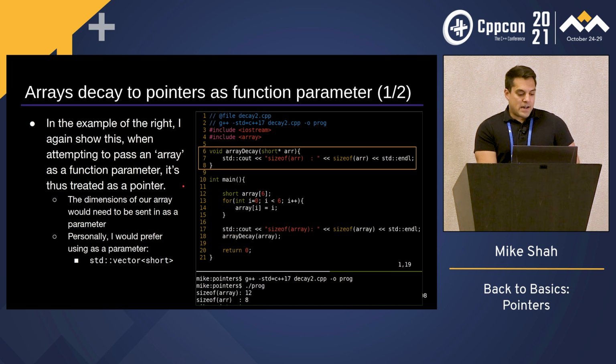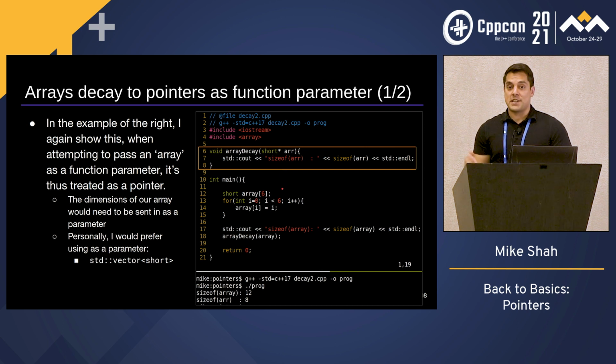Okay. So in this example, we can try to look at the size of the types to try to get some insight to see what is this actual type that I'm passing in again. Now, I would probably prefer anyway, if I'm passing arrays and so on into functions, maybe prefer a vector or some other data type so you can retrieve some of that dimensionality, because you want to know how big this collection is, right?